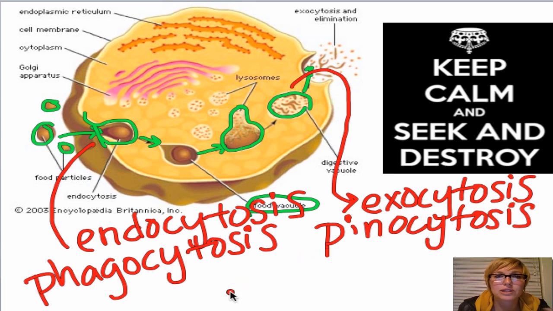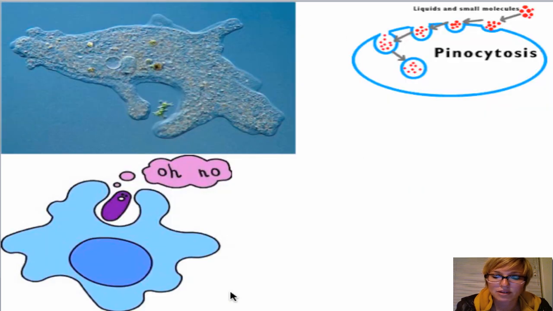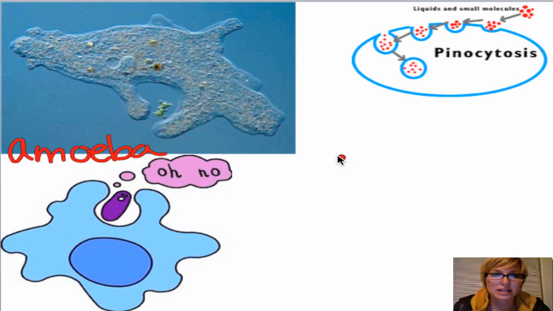Let's look at how this happens in living things and with some examples. I'm sure you guys have heard of an amoeba. An amoeba is something that you've probably swam through. It's found in water bodies pretty much everywhere.